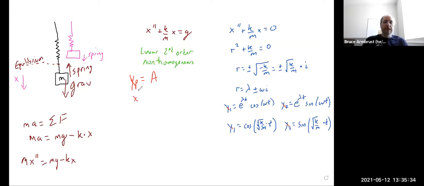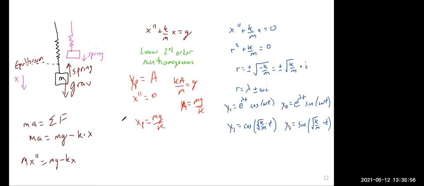Right, talk about easy, because the second derivative, of course, is 0. So if you fire that in here, you get Ka over m equals g, or A equals mg over k. So there's our particular solution to this one: just mg over k. That really looks familiar.